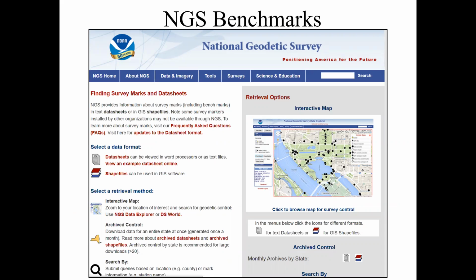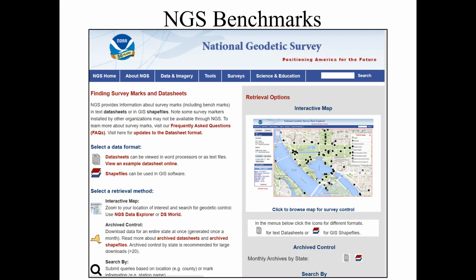So this is the National Geodetic Survey website, and you can use the interactive map and look in different places, different communities to find their registered benchmarks. So just find your area and then you can find the benchmarks that used to be on the old maps. Again, FEMA stopped adding that information altogether and it's all through NGS now.